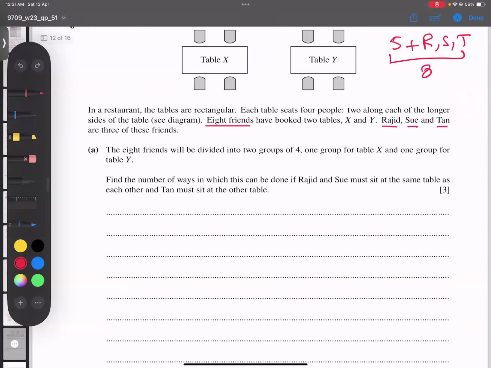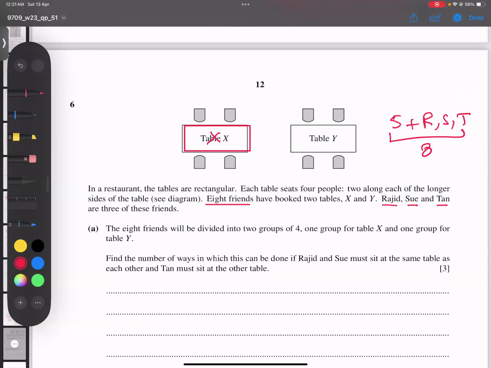Okay, so I just try to make it. So let's see table X. Let's see table Y. Then we have 4 options. So look, I make 4 boxes so you can understand.